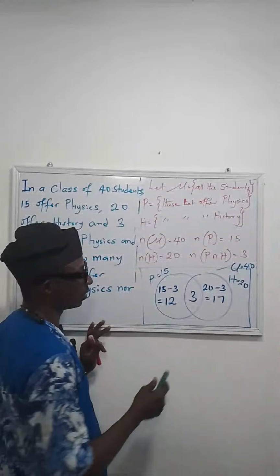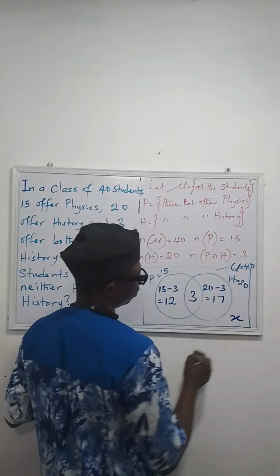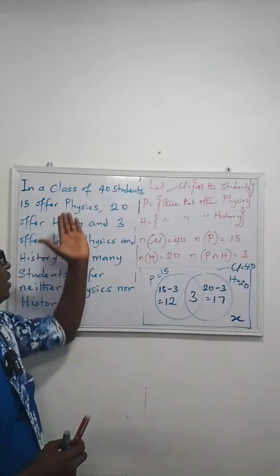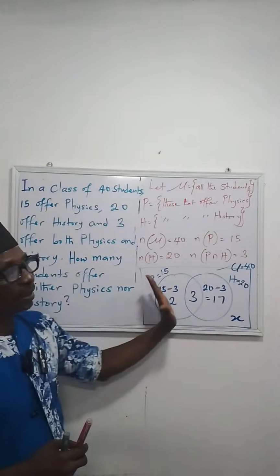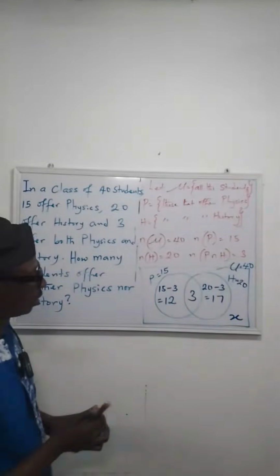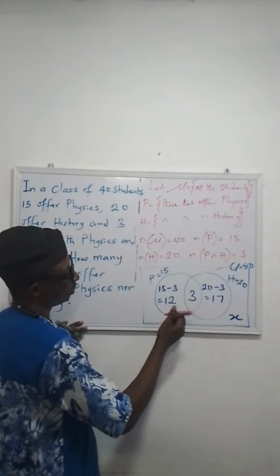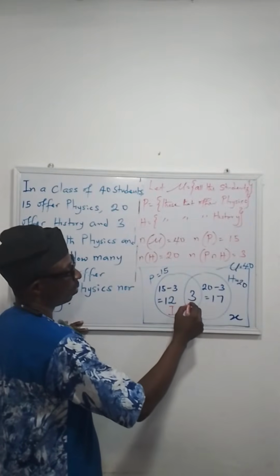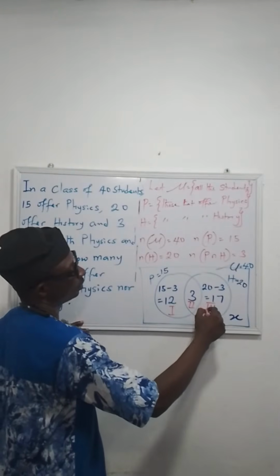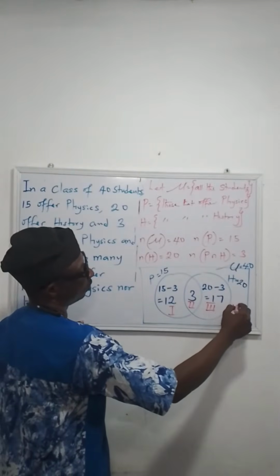Okay, so we can represent that with x. So a student in this class can belong to the first category, or the second category, or the third category, or the fourth category.